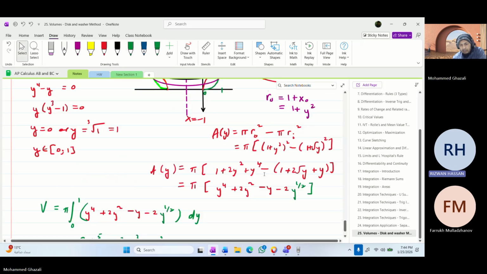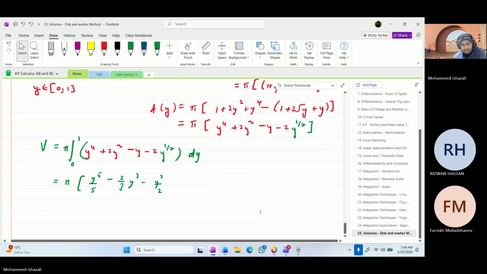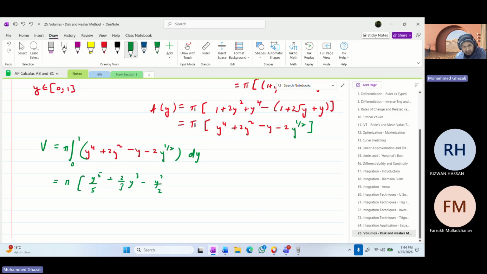Plus 2 over 3 y cubed, minus y squared over 2, minus 2y to the power 3 over 2 divided by 3 over 2, which is times 2/3.